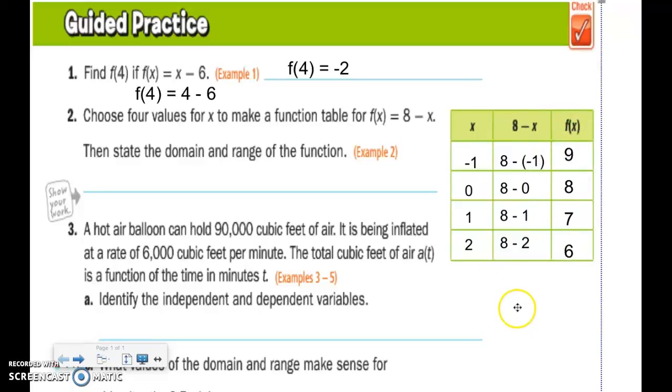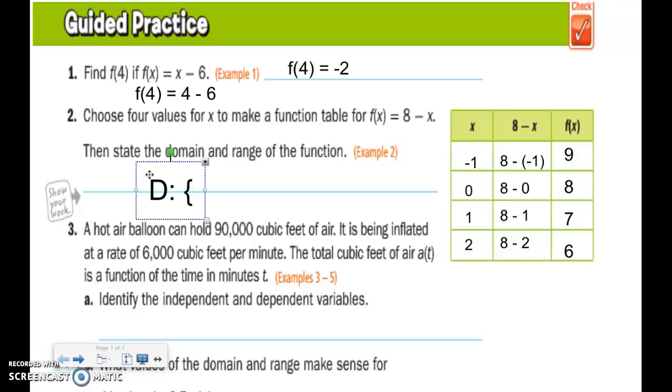So the last part, state the domain and the range. The domain is the x values or the input. The range is the output. So it should look like domain: use your braces. I know I cheated, I have a button on the computer. -1, 0, 1, 2. Please put those in order from least to greatest.